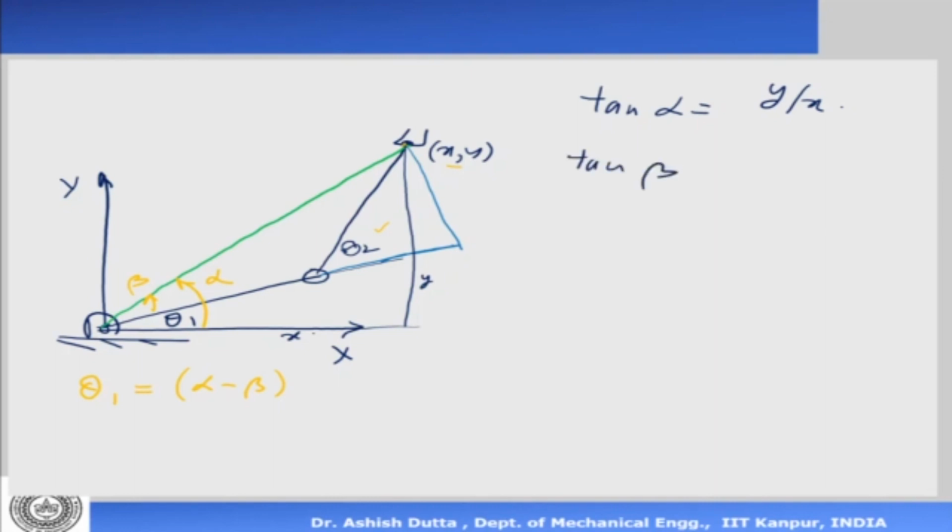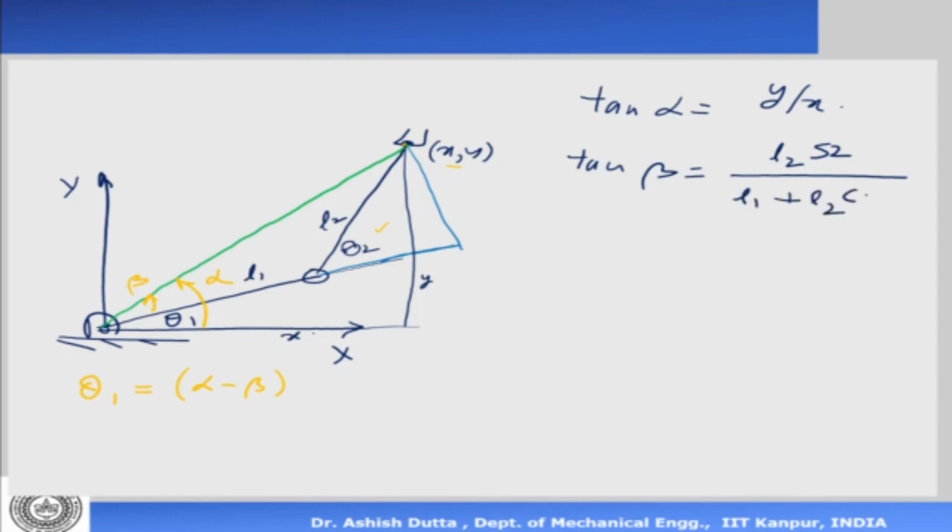What is tan beta? Tan beta is this triangle, green and blue triangle, where the lengths are L1 and L2. So what is this equal to? The opposite is L2 divided by the base, which is L1 plus L2 cos theta 2.